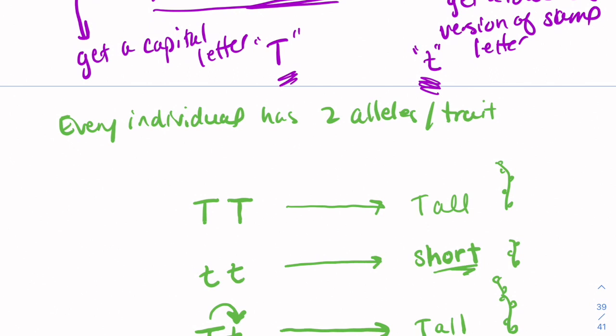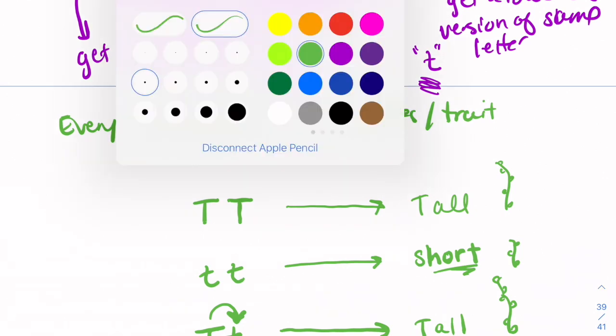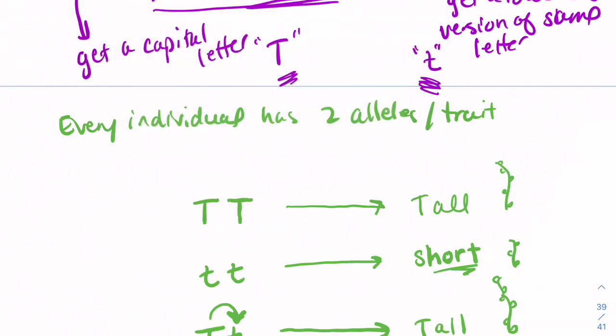Now we need some words here. Let's get a different color for these words. Here, this side here, these things, the different combinations of alleles that a plant could have, we give a name to. This is called the plant's genotype.